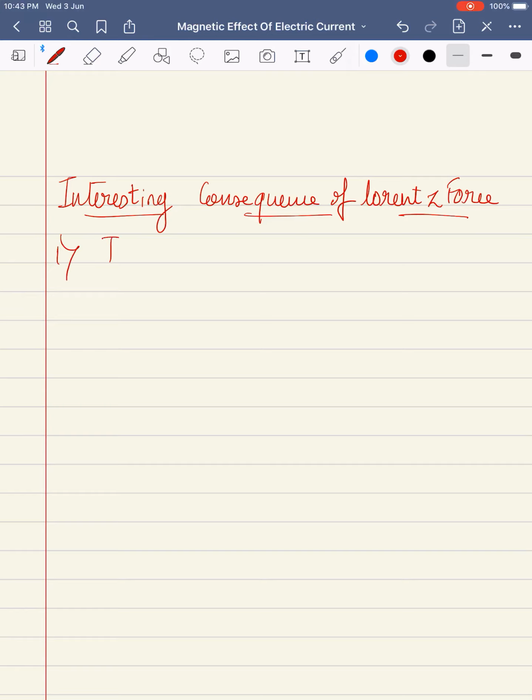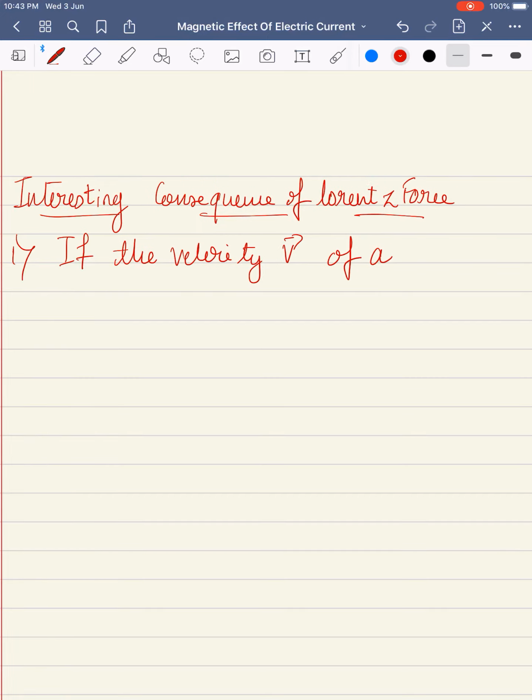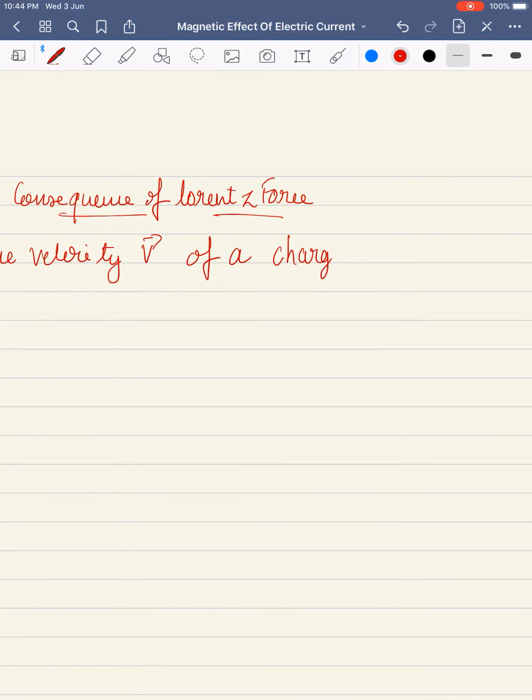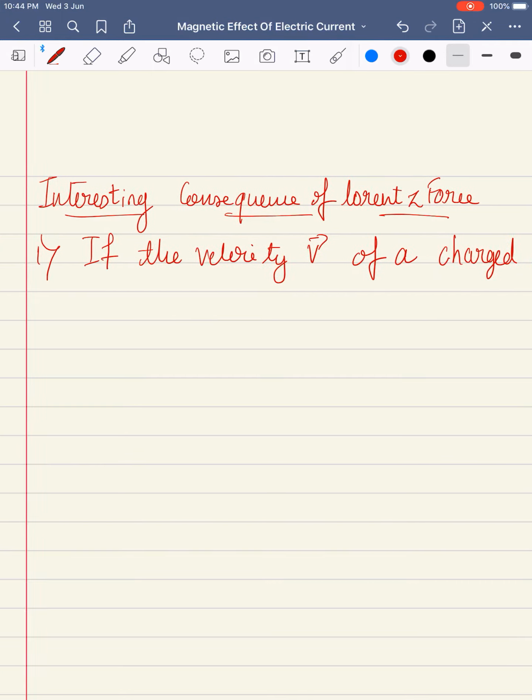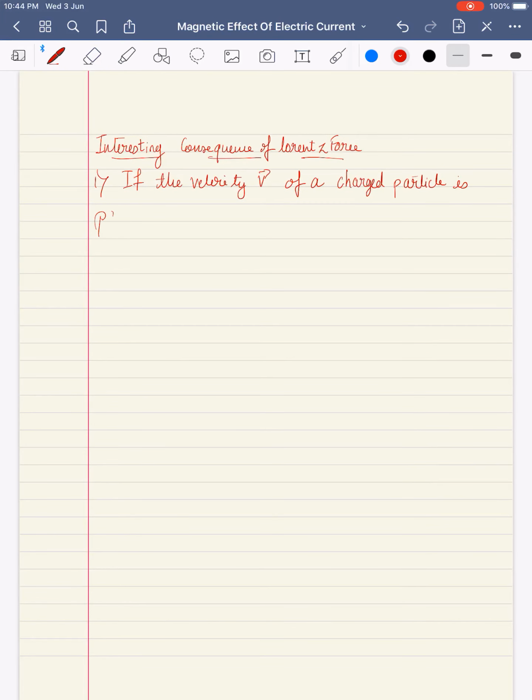So the very first one is what we just discussed: if the velocity vector of a charged particle is parallel to the magnetic field B vector, then the magnetic force is 0.